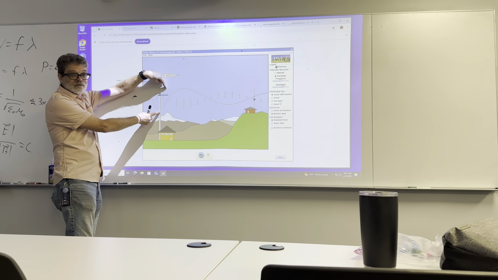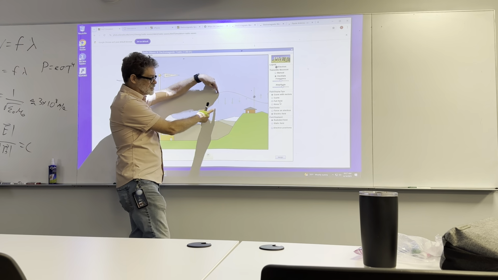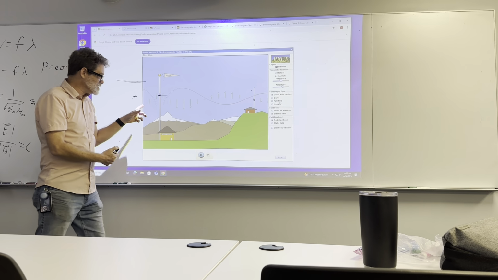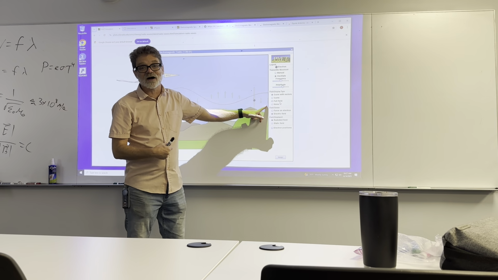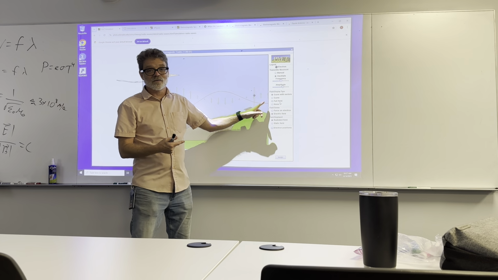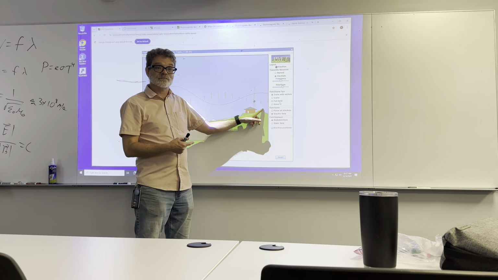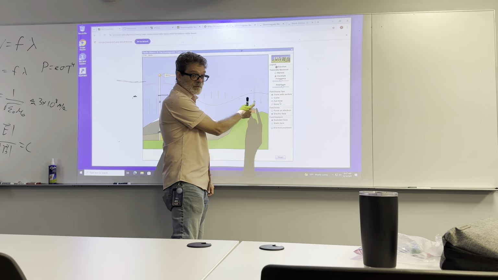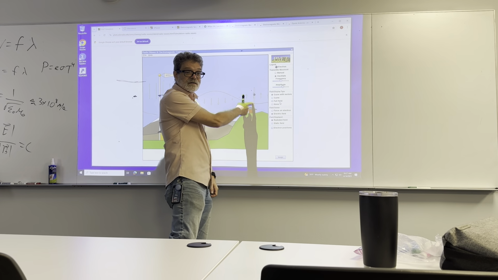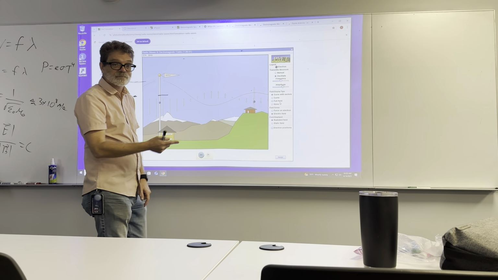What's it do? It's traveling. So I can take energy from one place and send it to another place through this oscillating electromagnetic field. So this wave is carrying energy. Right? Does that make sense to everybody? And notice that energy is being picked up over here, creating current. Right? So I can transmit energy this way.